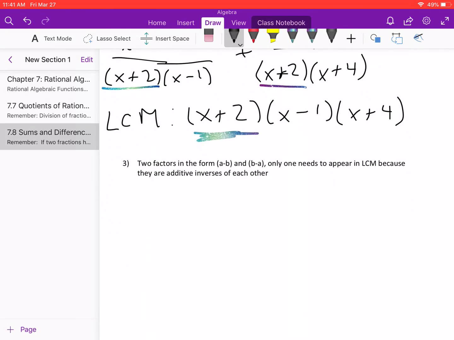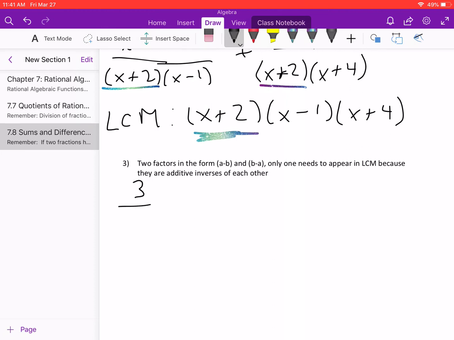And our last rule is that 2 factors in the form of a minus b and b minus a only one needs to appear in the least common multiple because they are additive inverses of each other.